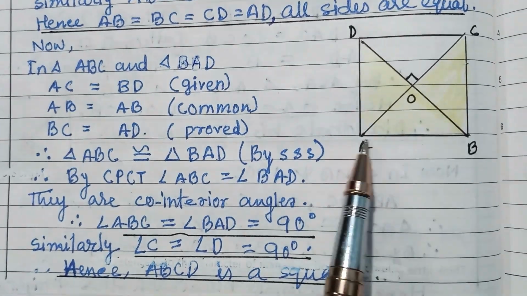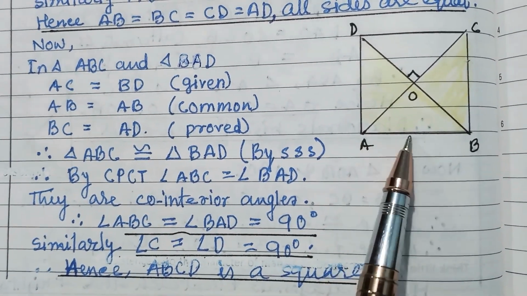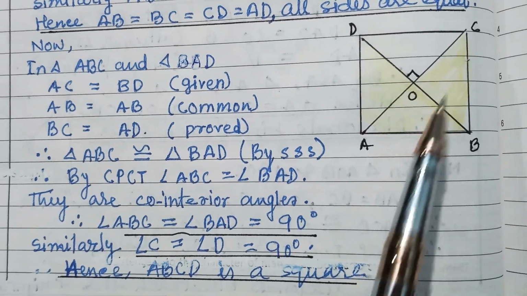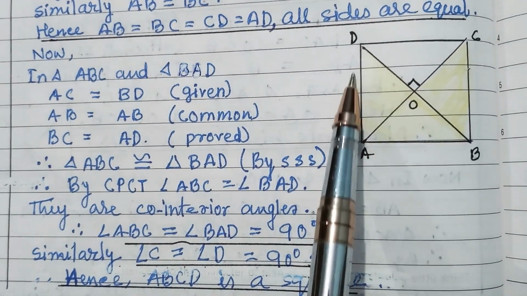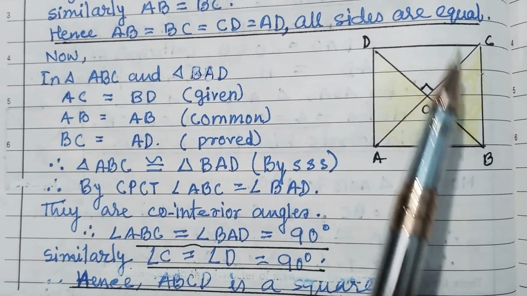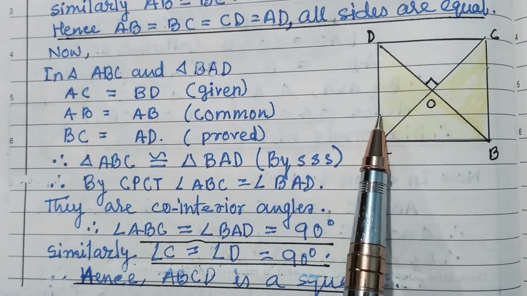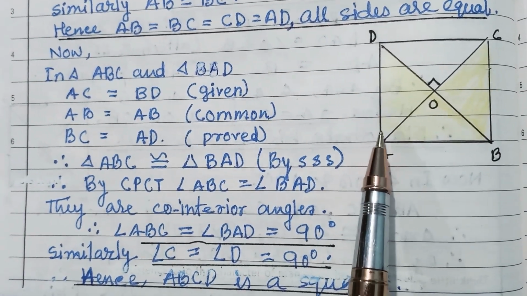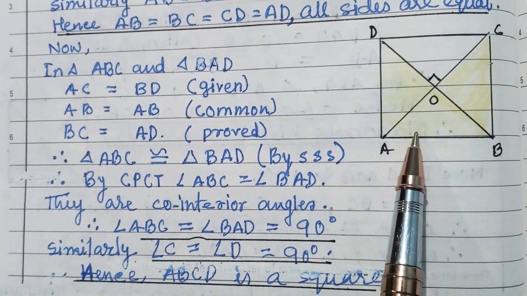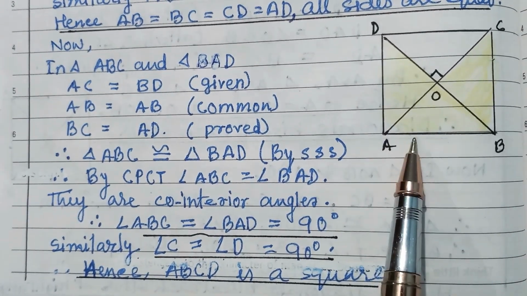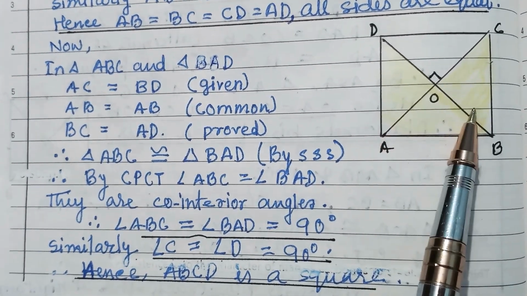AB is BA because it is the common side, and BC is equal to AD, which was proved in the first part. Therefore, by the side side side congruency property, these two triangles are congruent.